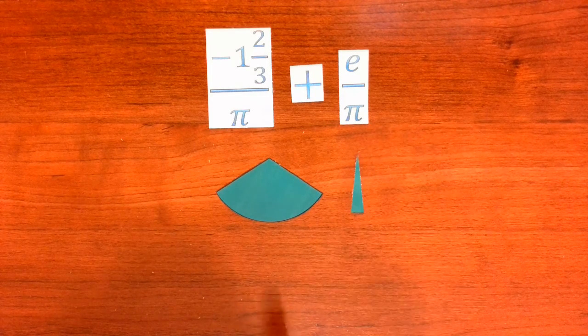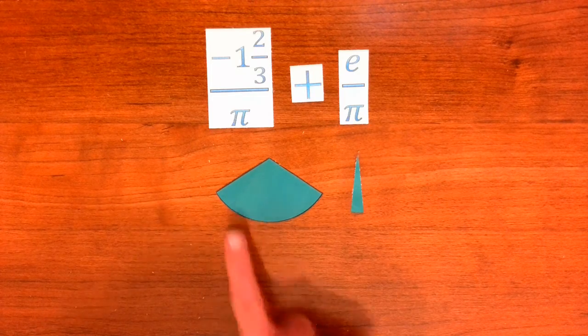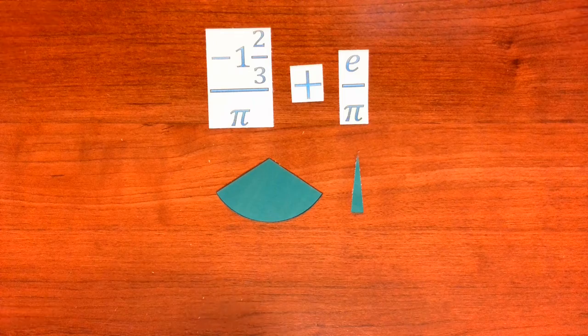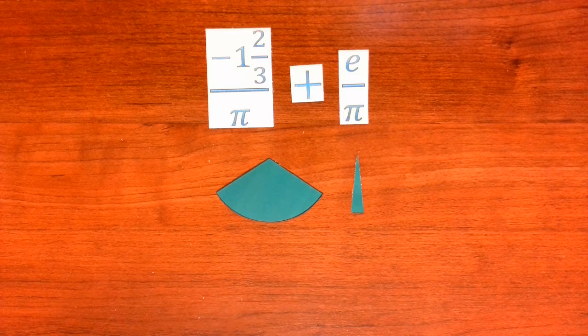And what we're left with is 1 over pi and a little bit more over pi. In fact, we're left with approximately positive 1.0516 over pi. Also to note is that negative 1 2/3 plus e is approximately positive 1.0516.